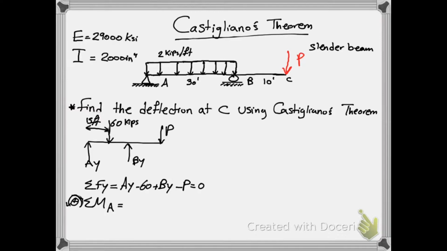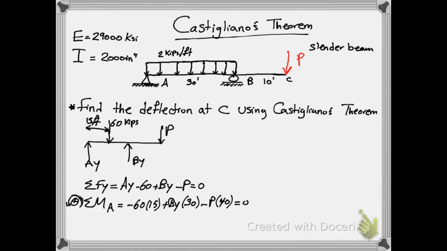So if we take the moment at point A, it's going to be negative 60 times 15 plus By times 30, so 30 right here, minus P times 40. It's going to be equal to 0.